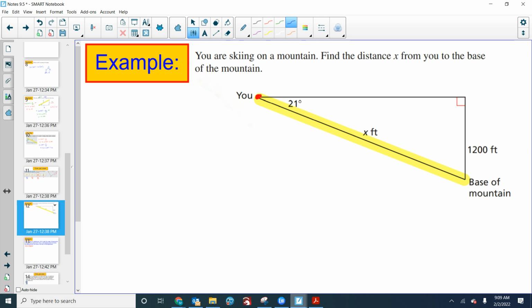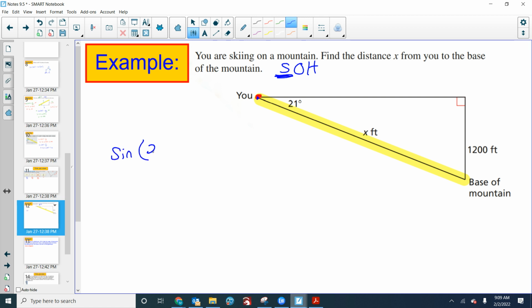Tangent doesn't use the hypotenuse. Well, here I'm given what's this side from 21? Opposite. This one's the hypotenuse. Opposite and hypotenuse tells me to use sine.